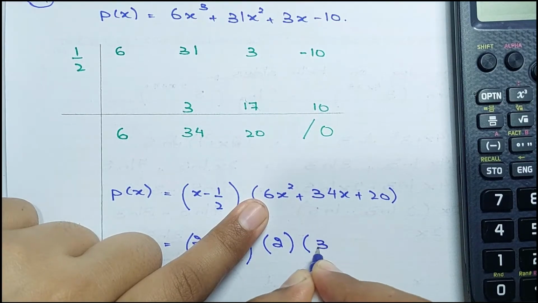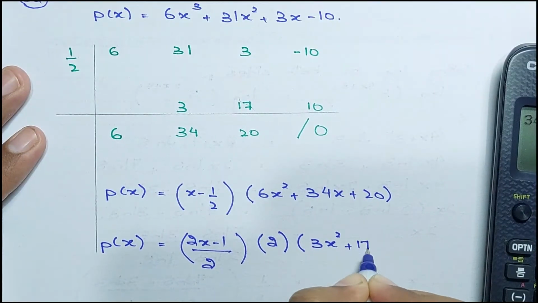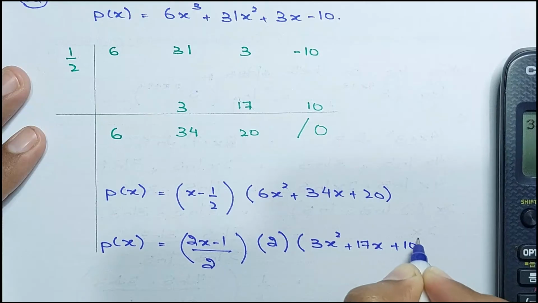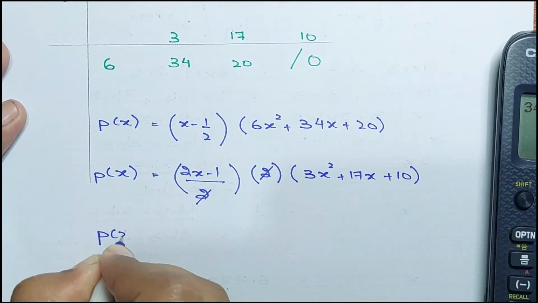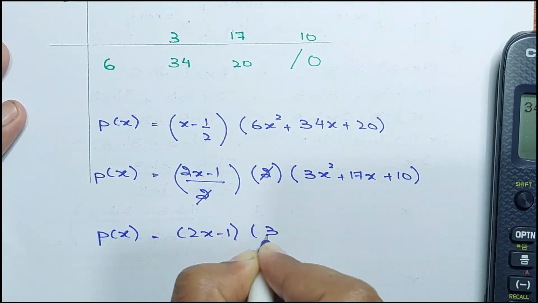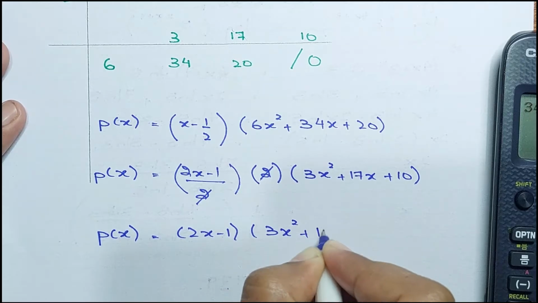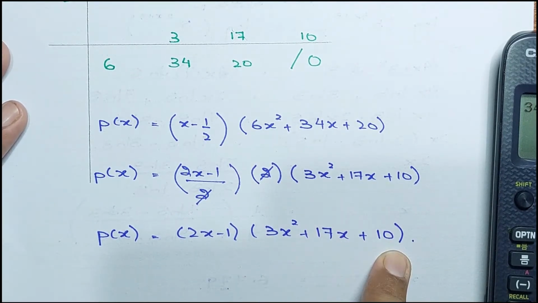2 times 3 would be 6, and 34 divided by 2 is 17, plus 17x and 10. So this 2 and this 2 cancel out. We have p of x is equal to 2x minus 1 into 3x squared plus 17x plus 10. 3 times 10 is 30.